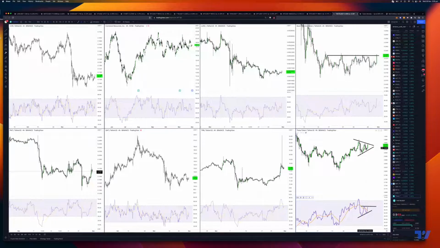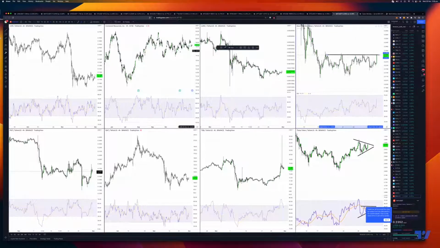Here we have Theta potentially doing a breakout move. So there's one. Basic is also looking to do a breakout move. And what else is there? That's all I got. There's a few other charts, but I'm going to leave it at that.